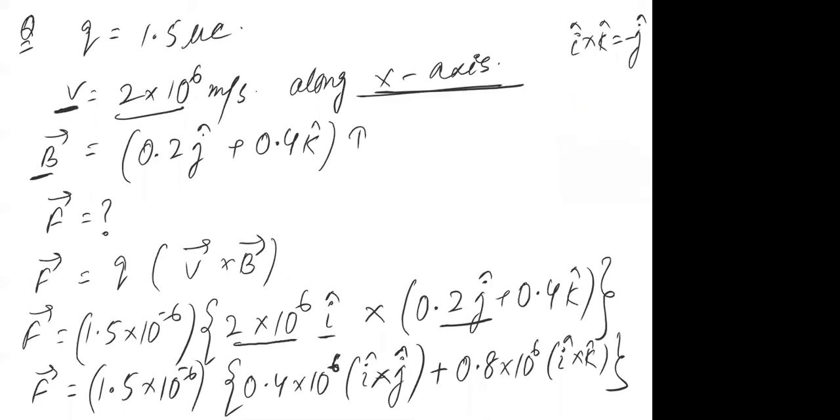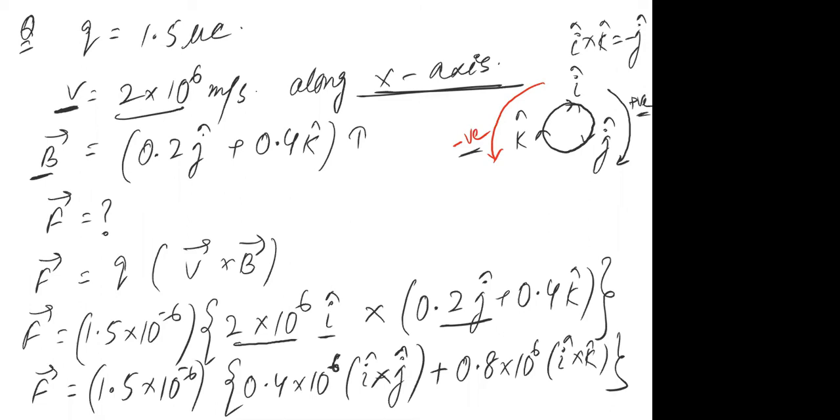Take a circle this way. Here is your I, here is your j, here is your k. If you go clockwise on this circle, take the cross product as positive. And if you go anti-clockwise on this circle, take the cross product to be negative. For instance, I cross j, j cross k or k cross I would be positive.